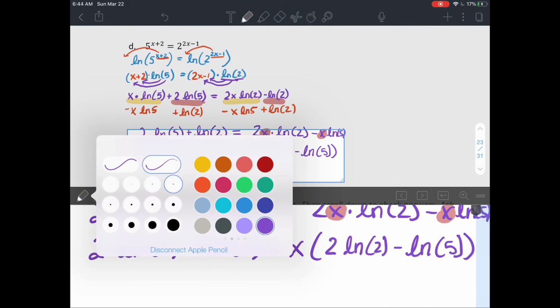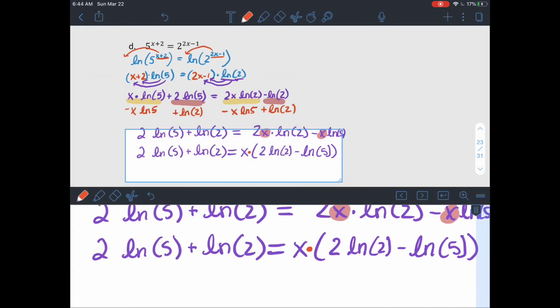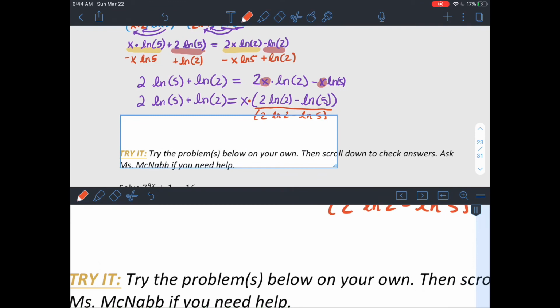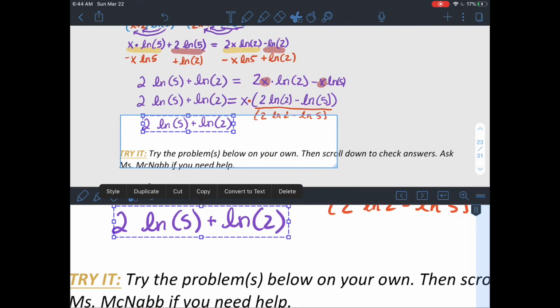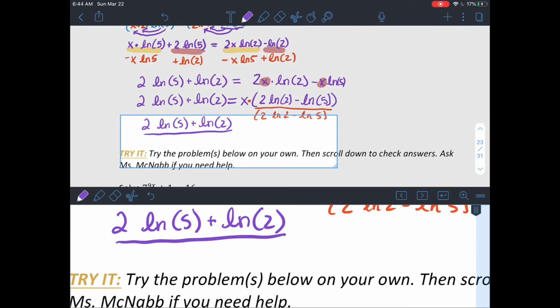To get x by itself, since you have x being multiplied by that whole entire quantity, I need to divide both sides of my equation by that whole messy quantity.